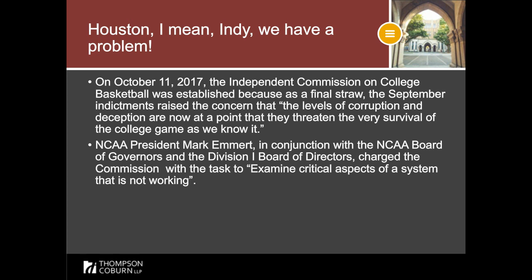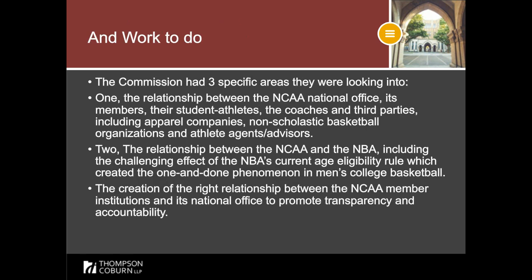NCAA President Mark Emmert, in conjunction with the NCAA Board of Governors and the Division I Board of Directors, charged the Commission with the task to examine critical aspects of a system that is not working. And there was work to be done. The Commission had three specific areas they were looking into. One, the relationship between the NCAA National Office, its members, their student athletes, the coaches, and third parties, including apparel companies, non-scholastic basketball organizations, and athletes, agents, and advisors.